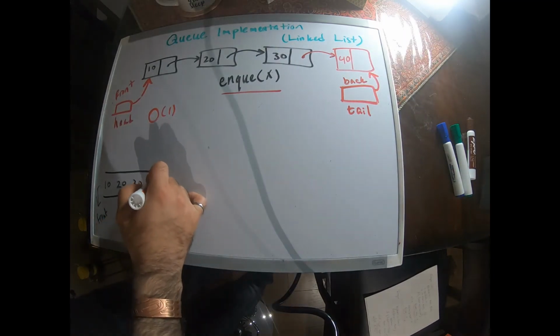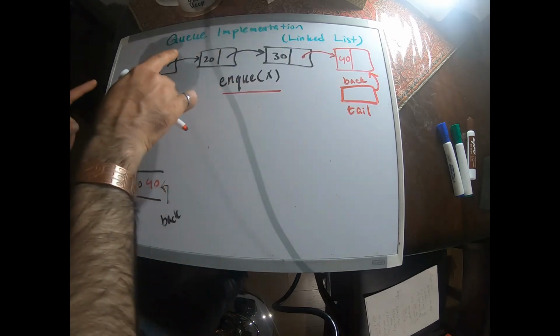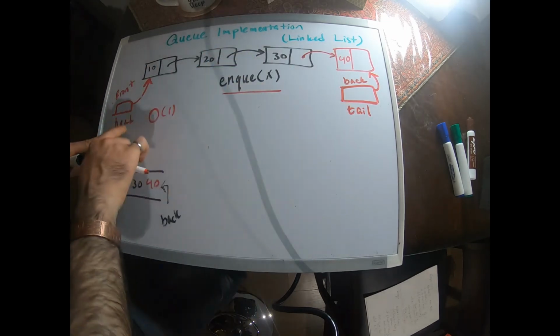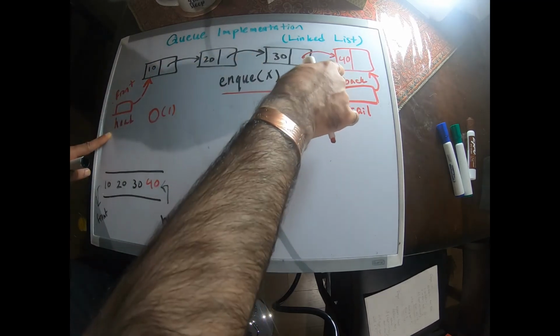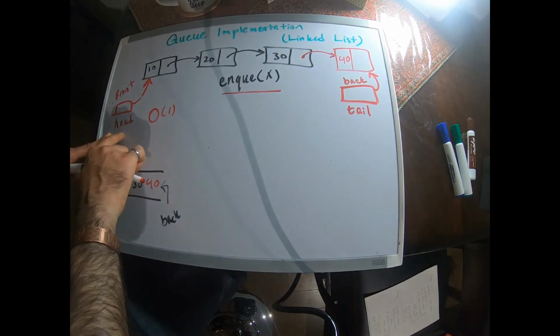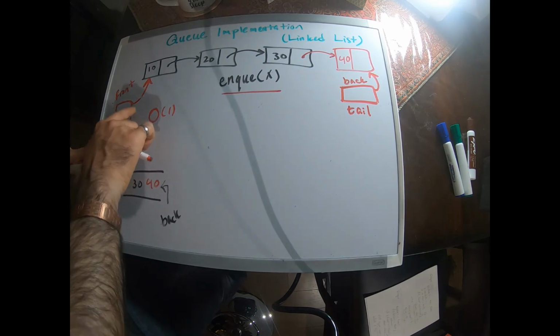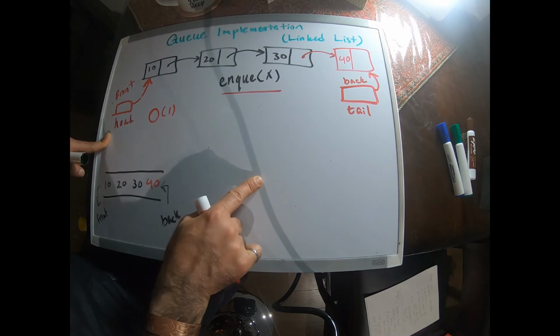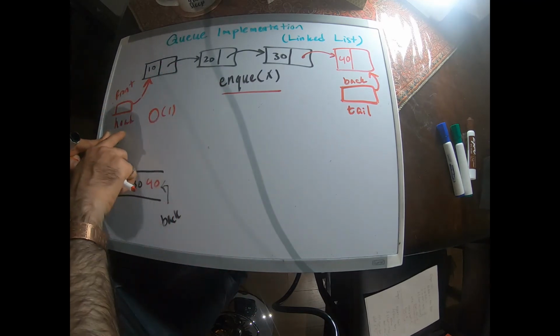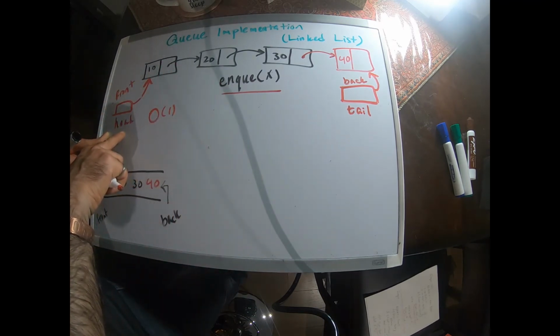So if this is our queue, we always have two pointers, one pointing to the front, which is the head of the linked list, and one pointing to the rear, which is the tail of the linked list. This is unlike the stacks, where we only had one pointer.